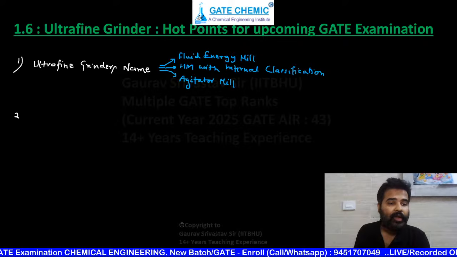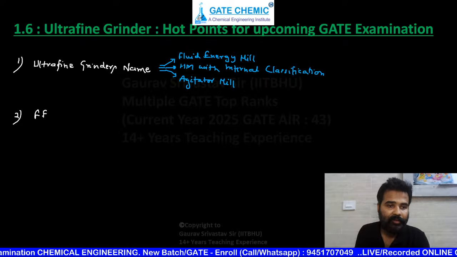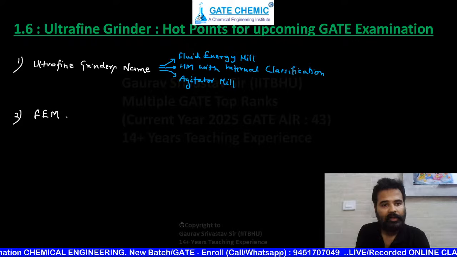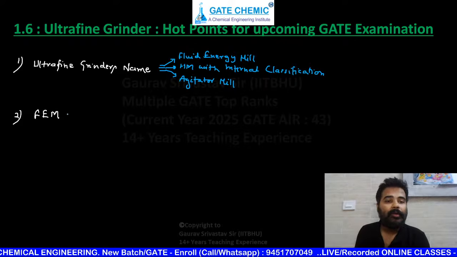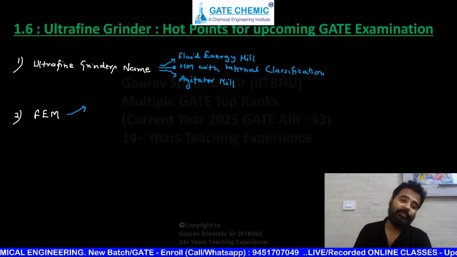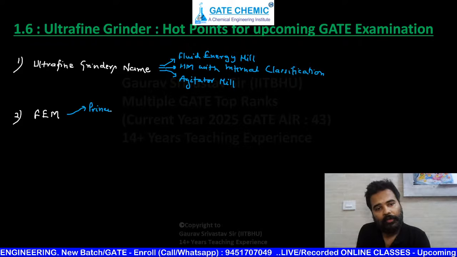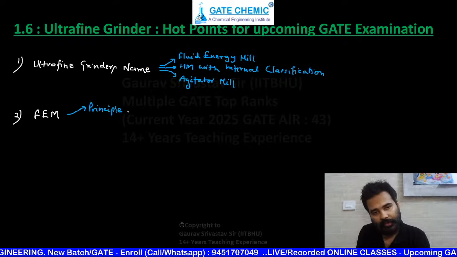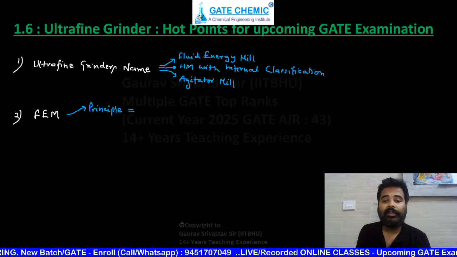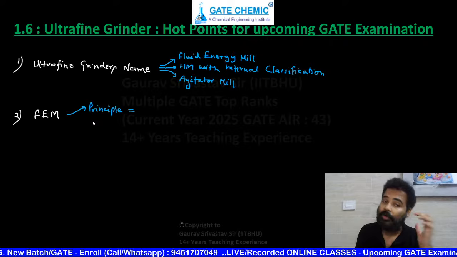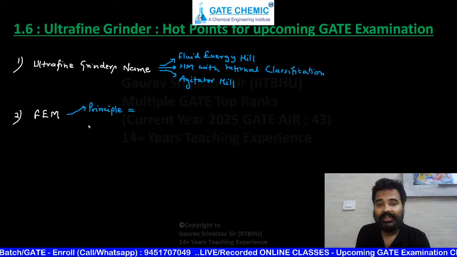Okay, now the second one. About fluid energy mill. So the first thing is principle. What is the principle of fluid energy mill? That is particle-particle collision and attrition by wall.